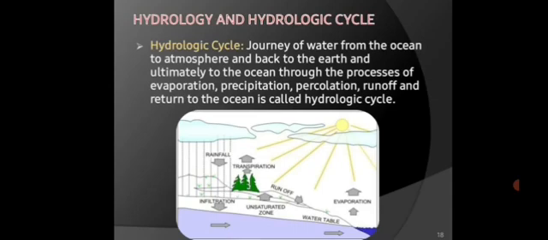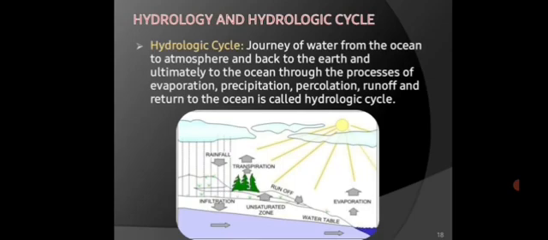It is the journey of water from ocean to atmosphere and back to the earth, and ultimately to the ocean. The circulation of water through the process of evaporation, precipitation, percolation, runoff, and return to the ocean is called the hydrologic cycle.